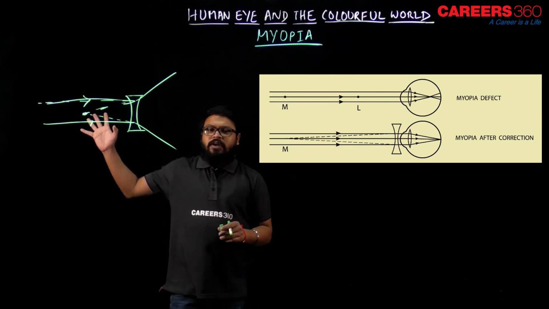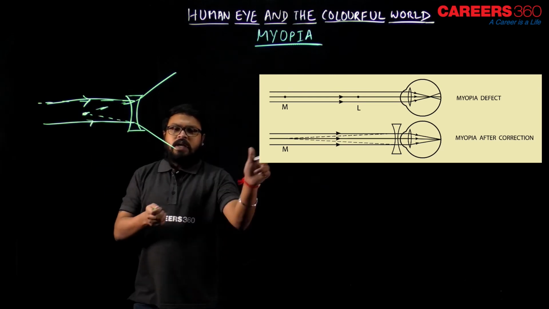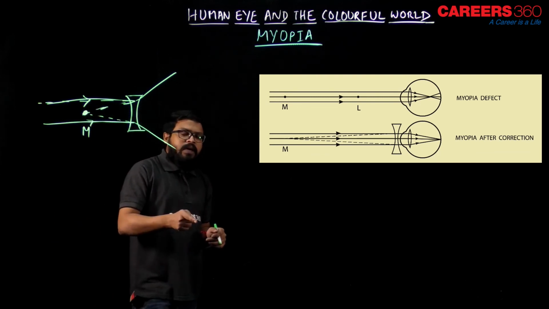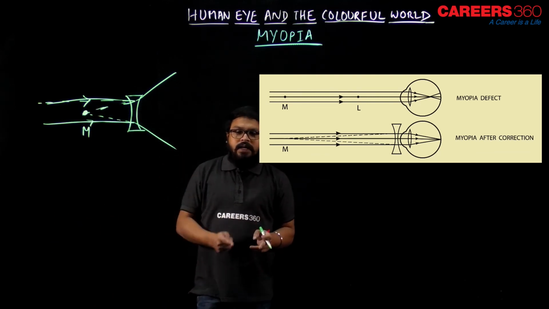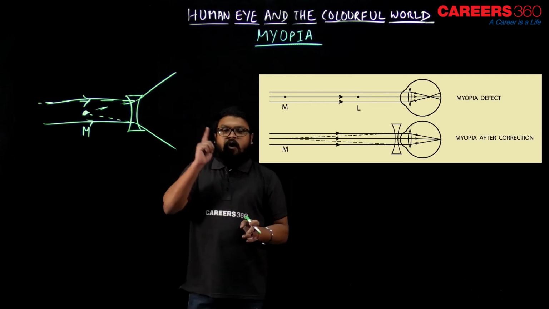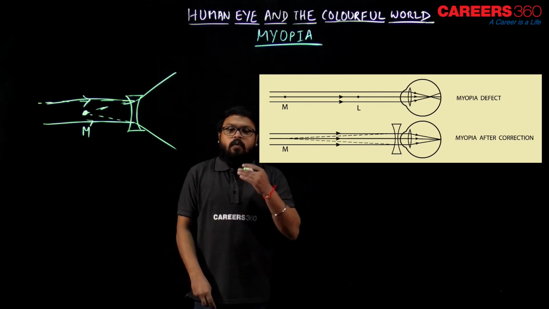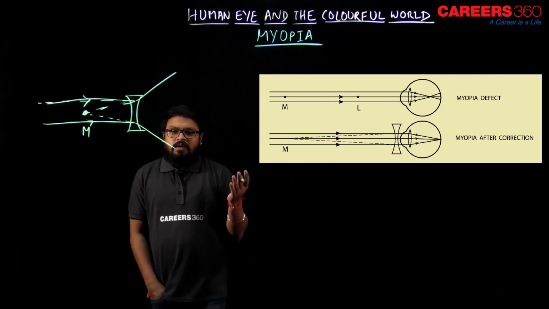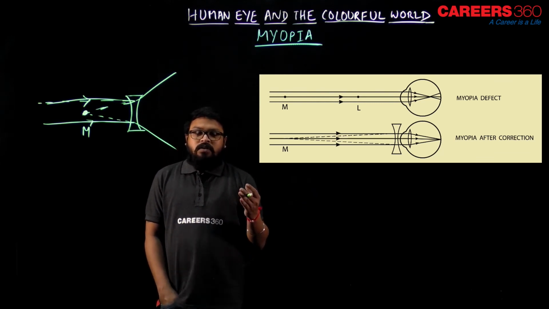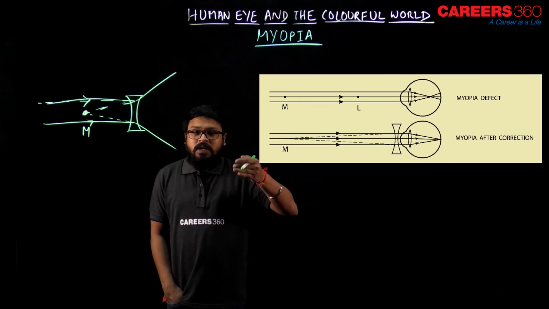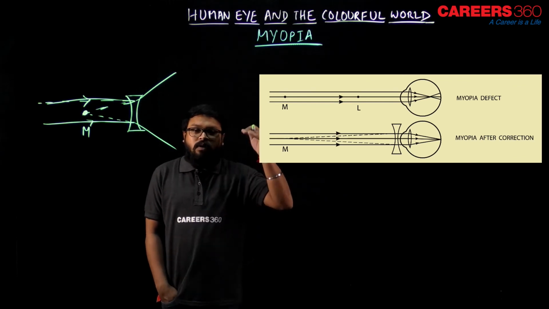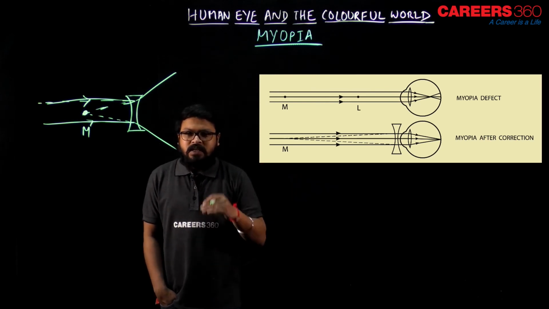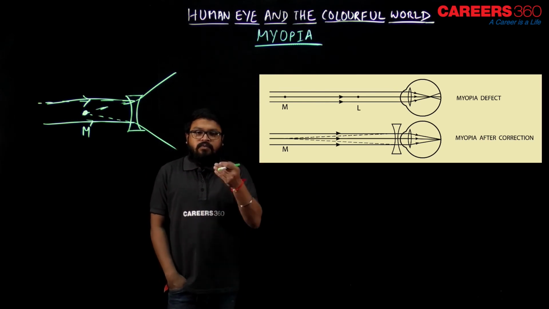So that far away object's image is formed at point M over here, and that image would be acting as the object for our own eye lens. That object for the eye lens is actually the image formed by the concave lens.